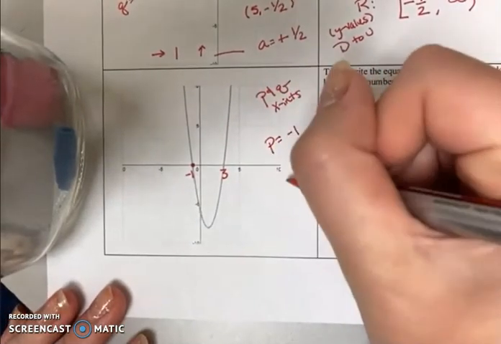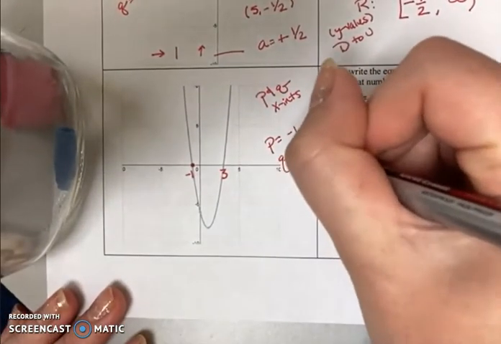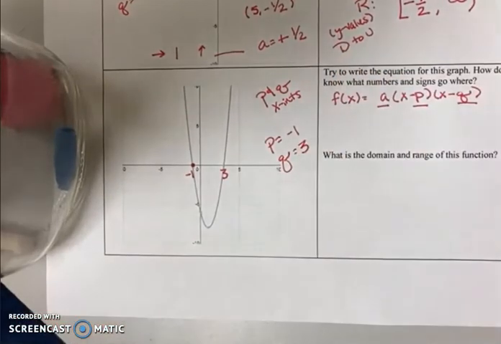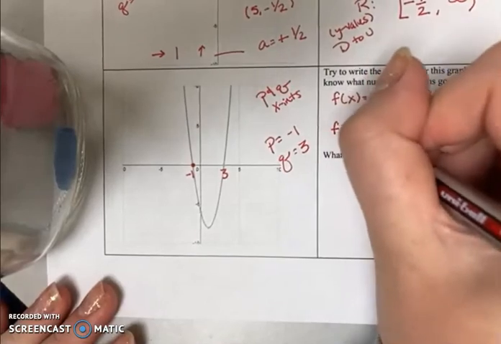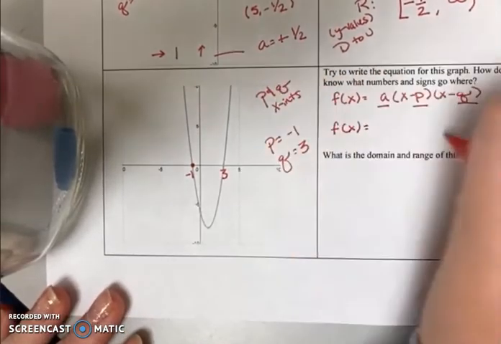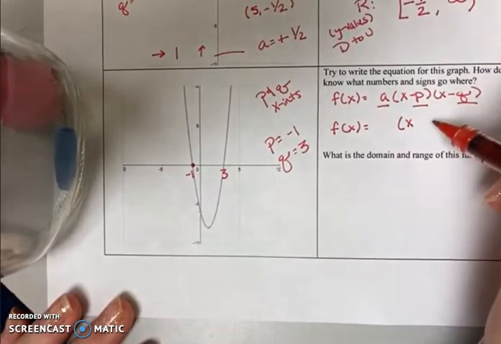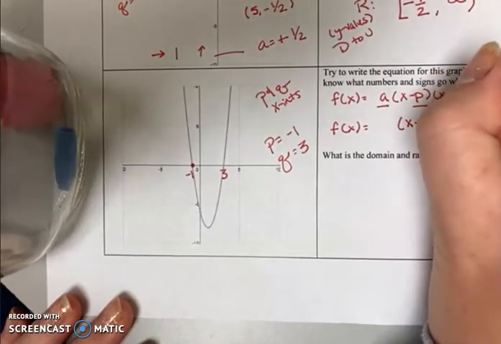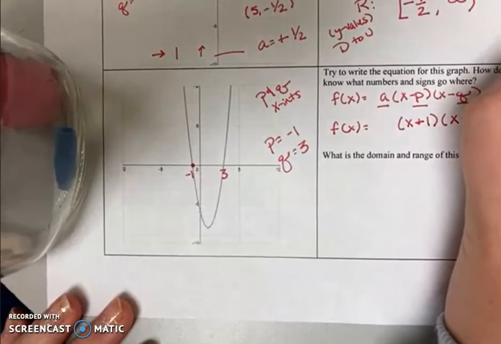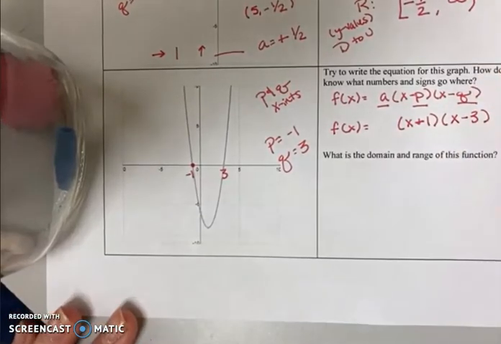I'll just do -1 for p and a +3 for q. So in my general equation, I can plug in p and q. I have x minus a -1 becomes +1, and x minus a positive 3 becomes the expression x minus 3.